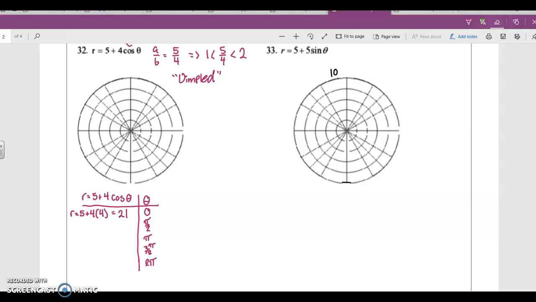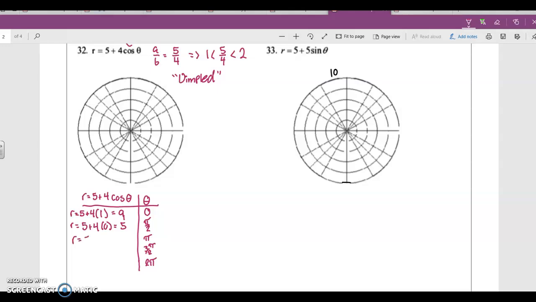Or no, I'm sorry, that should be a 1, not a 4. Wow, okay, Miss Strauss. Times 4, this is 9. Okay, there we go. Now, we do the same thing, but with pi over 2. 5 plus 4, the cosine of pi over 2 is 0, so we just get 5.